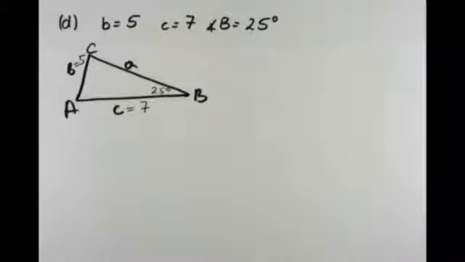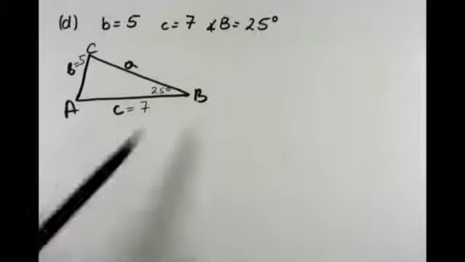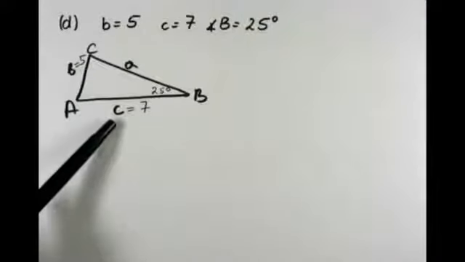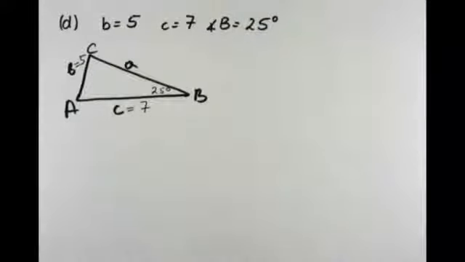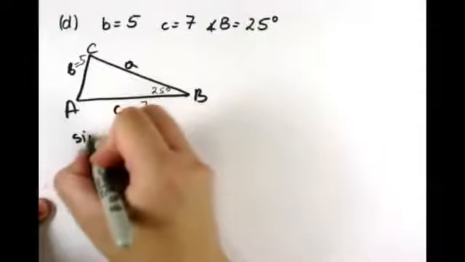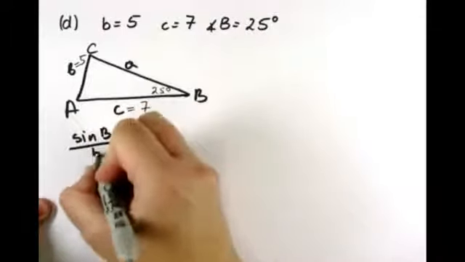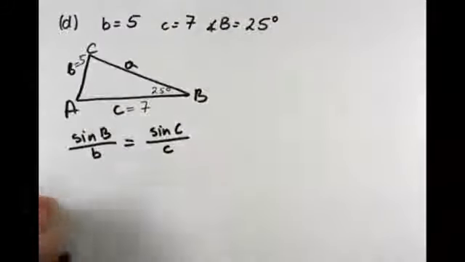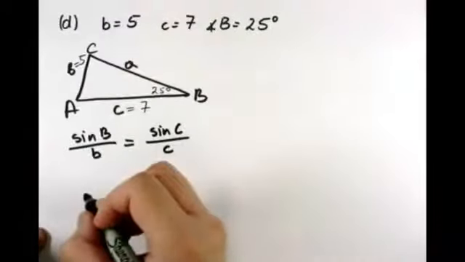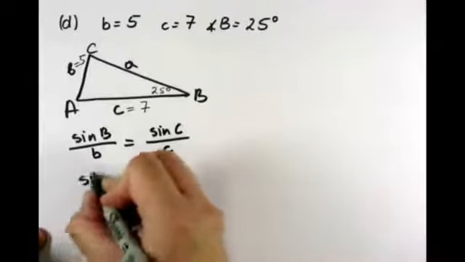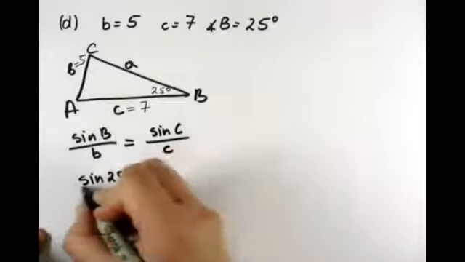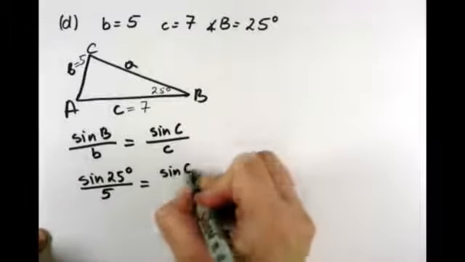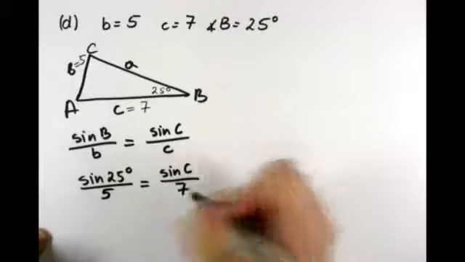Using the data, we can use the ratio sine B over B and sine C over C. So sine B over B is equal to sine C over C. Sine B is 25 degree, so we have sine 25 degree over 5 is equal to sine C over 7.